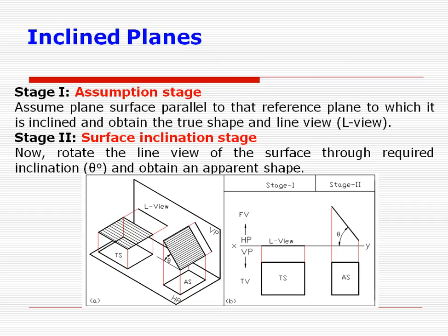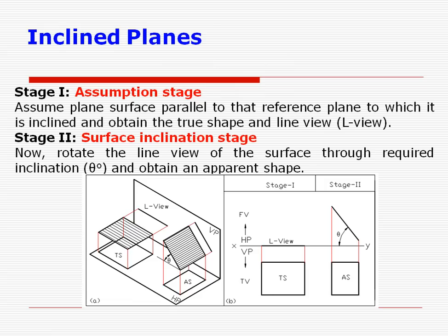And the second stage we obtain by inclining the line corresponding to it. So what we obtain here, stage 1 is from the true shape we get the line view, and then the line is inclined given the inclination which is defined in the statement itself.